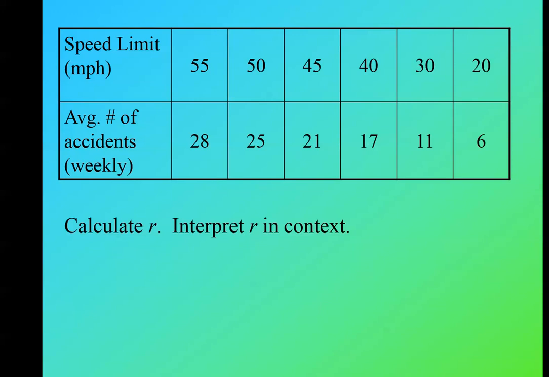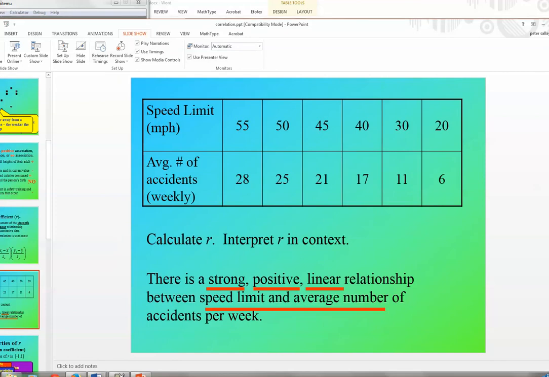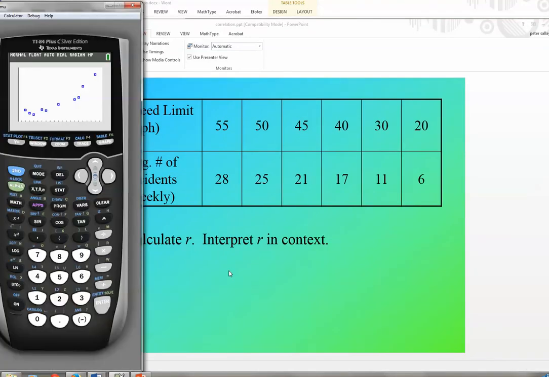Okay, so let's take a second and type this into the calculator, and then I'll show you how to get r. We're going to start by inputting our data into STAT list. So I'm going to clear out these other numbers and then just type in that. I'm going to fast forward this so you don't have to watch me type.